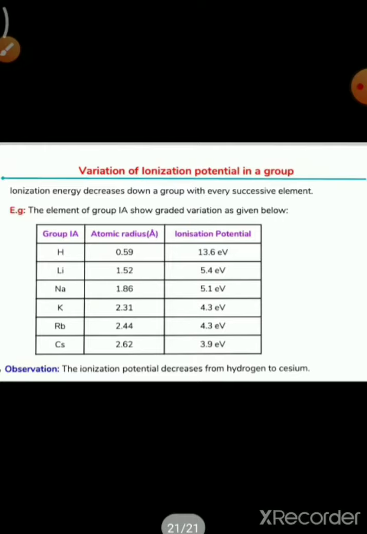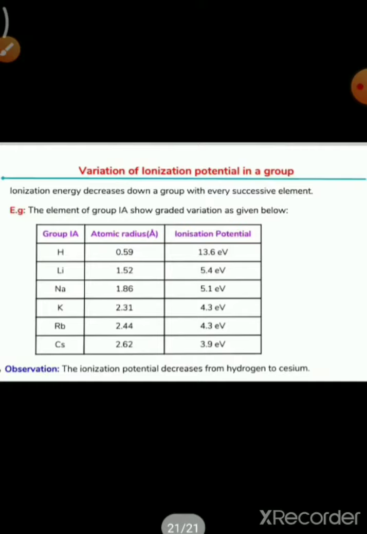So we read about atomic radii. It increases as the number of shells increases, and the nuclear charge also increases, but the effect is small. That means the nuclear charge is not very strong down a group, but the atomic radius increases and the number of shells also increases. If the number of shells increases, the distance between the nucleus and the outermost orbit also increases, that is your atomic radius.